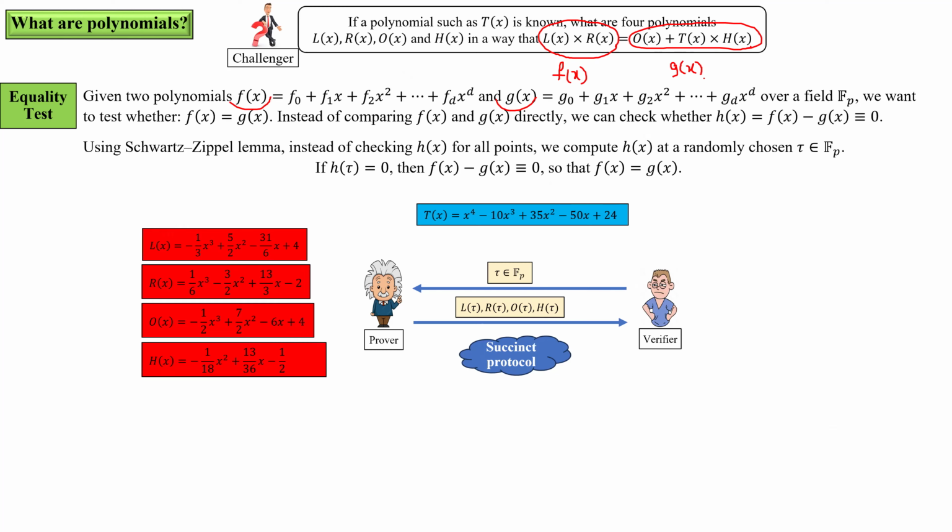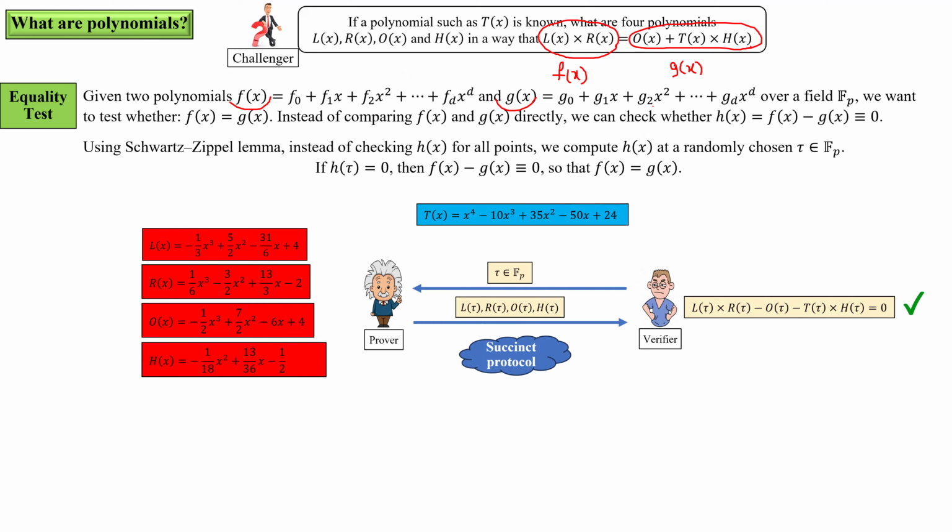In the original protocol, the verifier is obligated to check whether f of x equals g of x or not. But now the equality test says to just compute f of x minus g of x, and just calculate h of tau to see if it equals 0 or not, right?